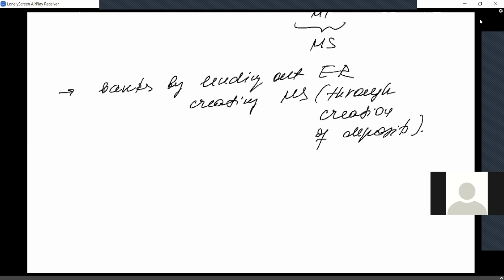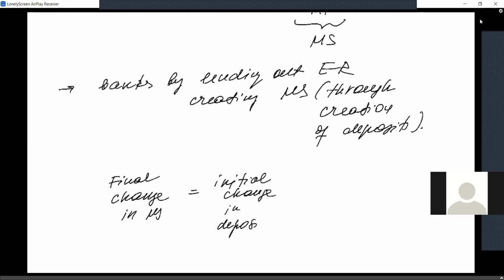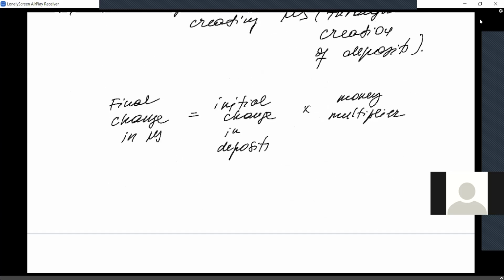Well, okay. Final change in money supply equals the initial change in deposits times the money multiplier, okay?